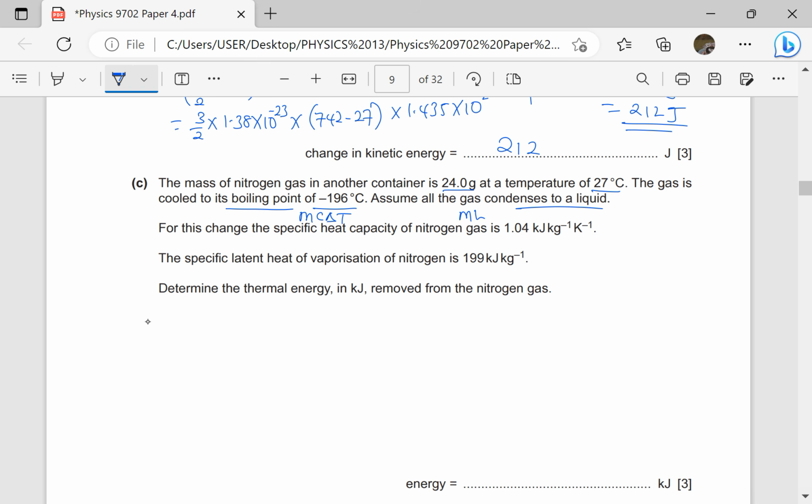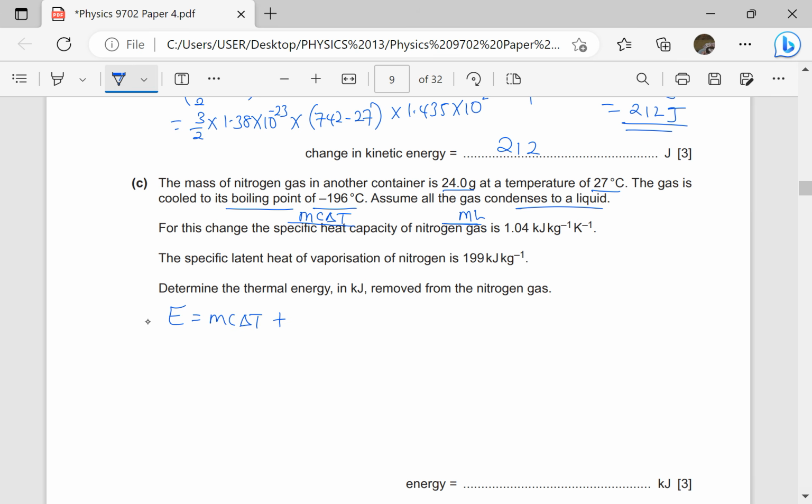Therefore, when there is a change in temperature from 27 degrees Celsius to negative 196 degrees Celsius, the amount of heat is mc delta T. And when there is a change of state, assume all the gas condenses to a liquid, then the amount of heat is the mass times the latent heat. Therefore, the total thermal energy which is being removed from the nitrogen gas is going to be mc delta T when there is a change in temperature.